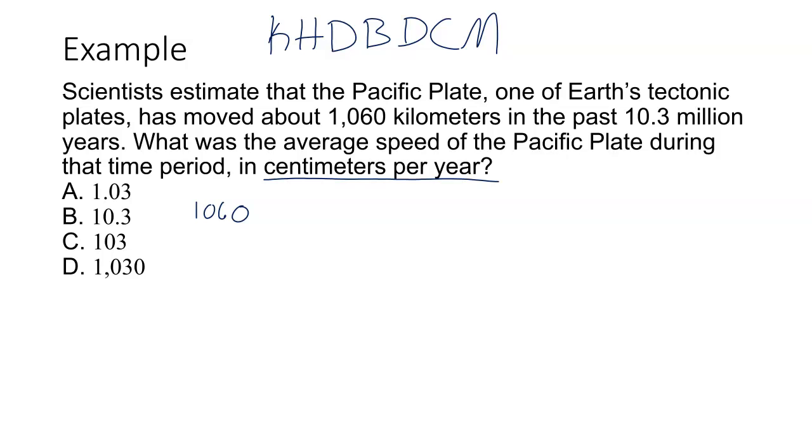Okay? There's an acronym. Are you ready for this? King Henry died by drinking chocolate milk. Apparently. And it hurt him real bad. Okay? King Henry died by drinking chocolate milk.